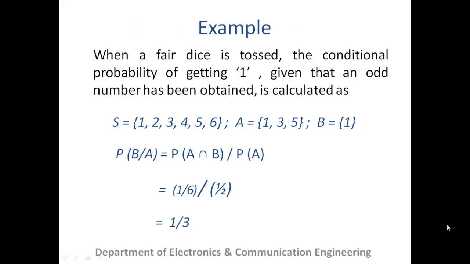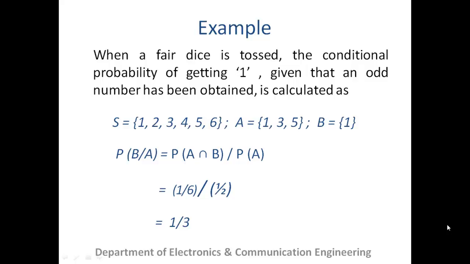So we can have an example here. Say a fair dice is tossed, which means it has the faces 1, 2, 3, 4, 5 and 6. We want the conditional probability of getting 1 given that an odd number has been obtained.